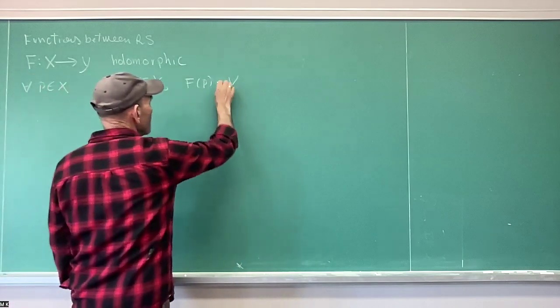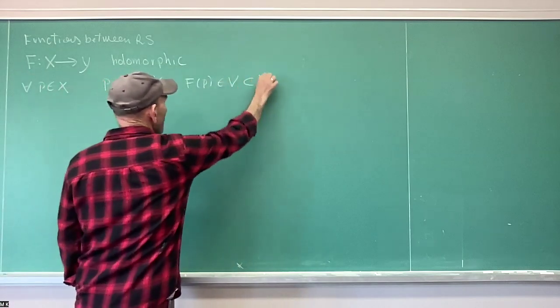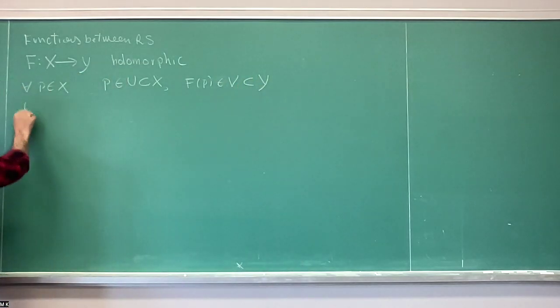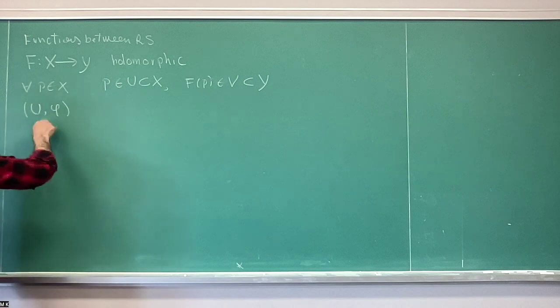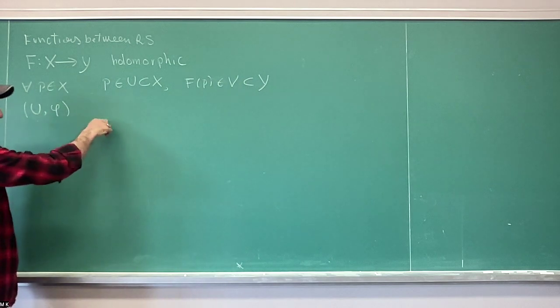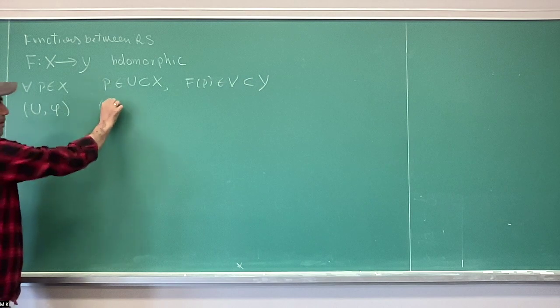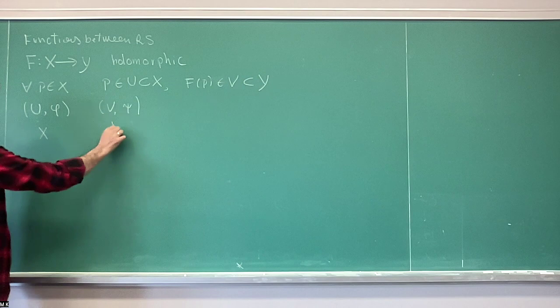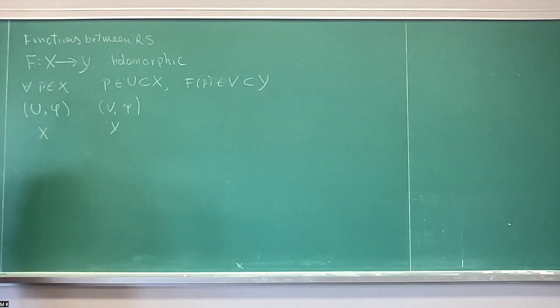f of p belongs to V inside Y. So we have these coordinates U and phi for X, and then V and psi. So these are holomorphic coordinates on X and on Y around these corresponding points.